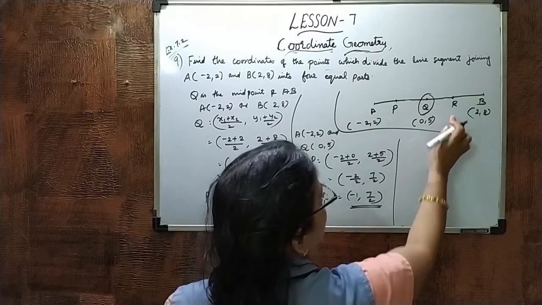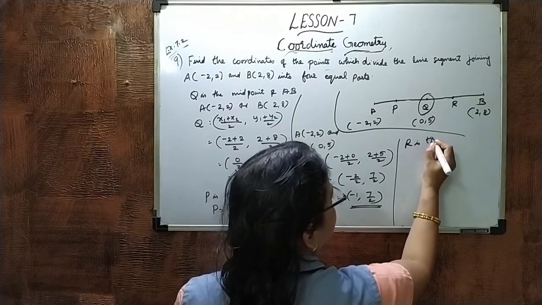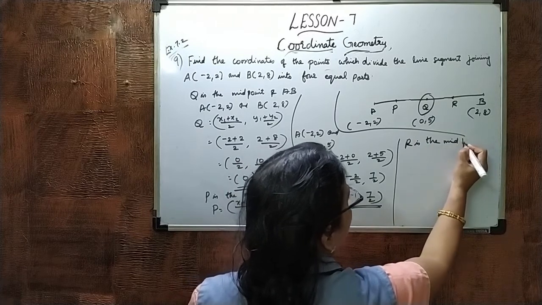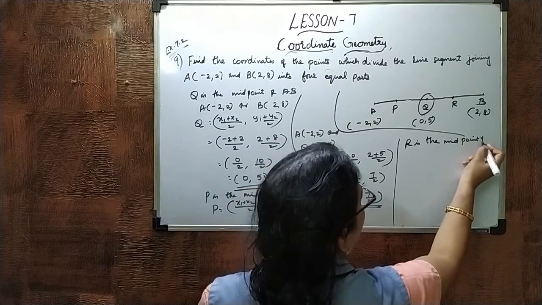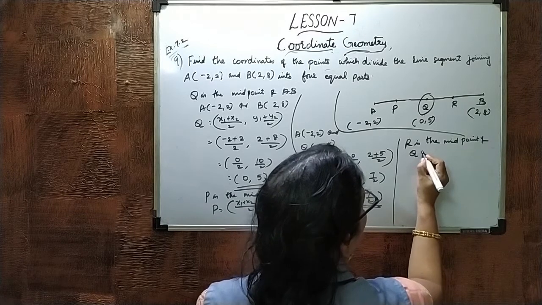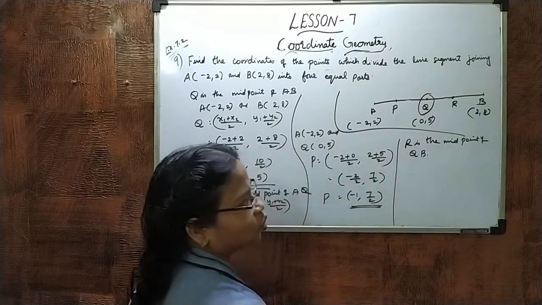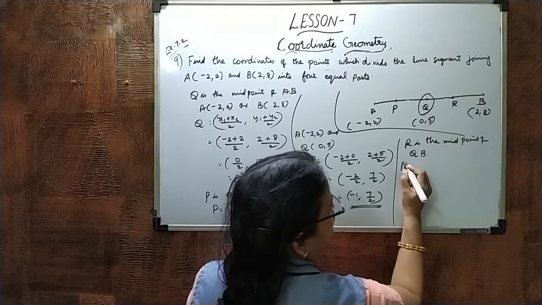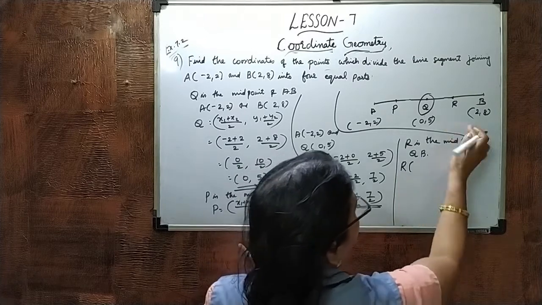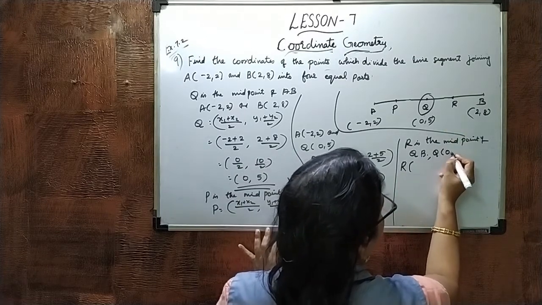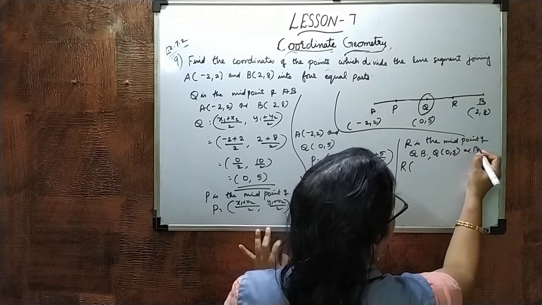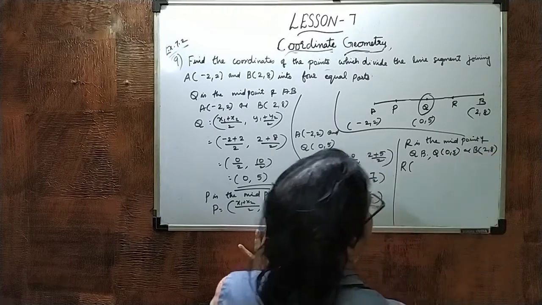Next one, R. R is the midpoint of QB, not QR, QB. So R is equal to, here Q is 0, 5 and B is 2, 8. Right?